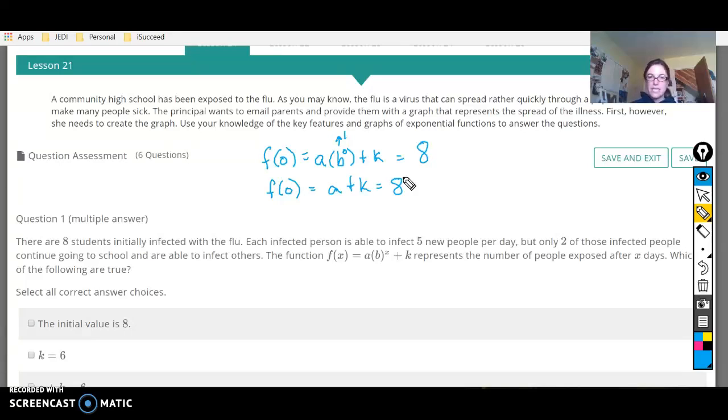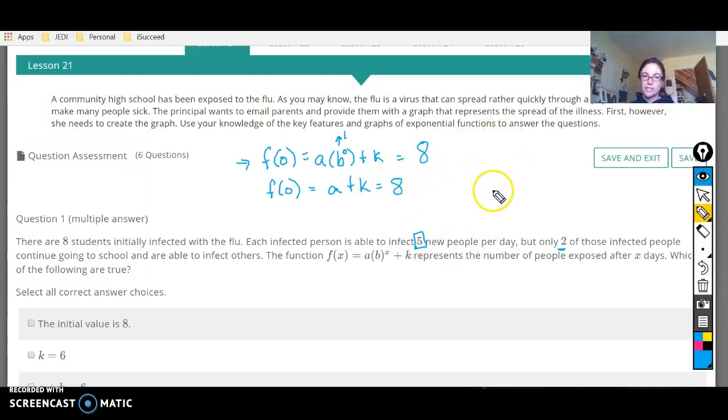The next thing that I know is that 2 of the infected people are going to continue going to school to be able to infect others. Let's back up just a moment. Each person is able to infect 5 new people per day.